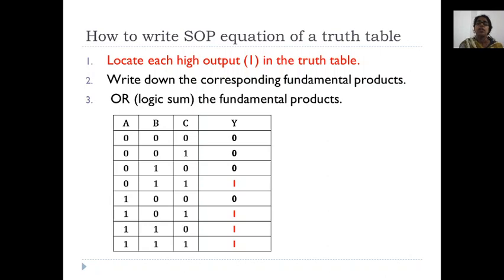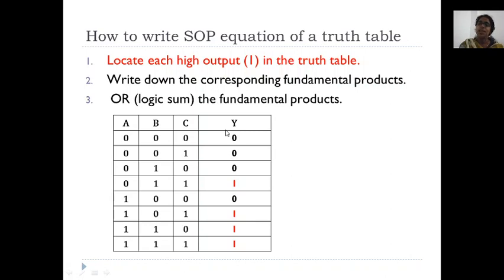Okay, so you are given a truth table, and I am showing here, this is your truth table. By the way, let's discuss a bit about truth table. Do you know what is a truth table? If you know, it's okay. If you don't know, here is the answer.